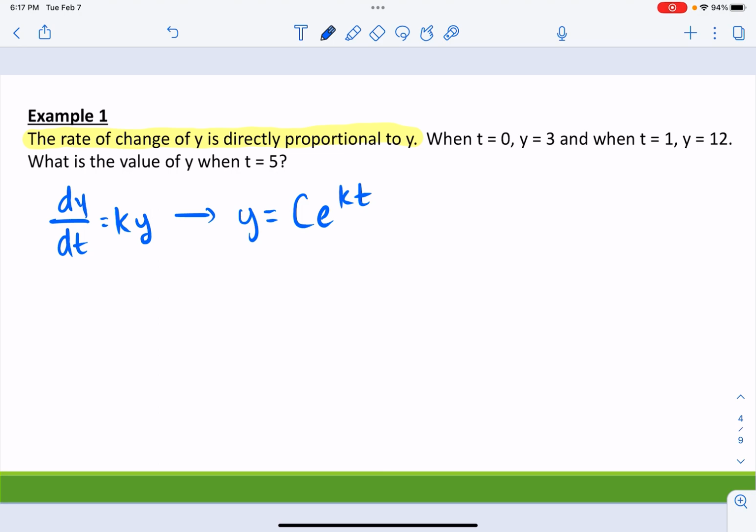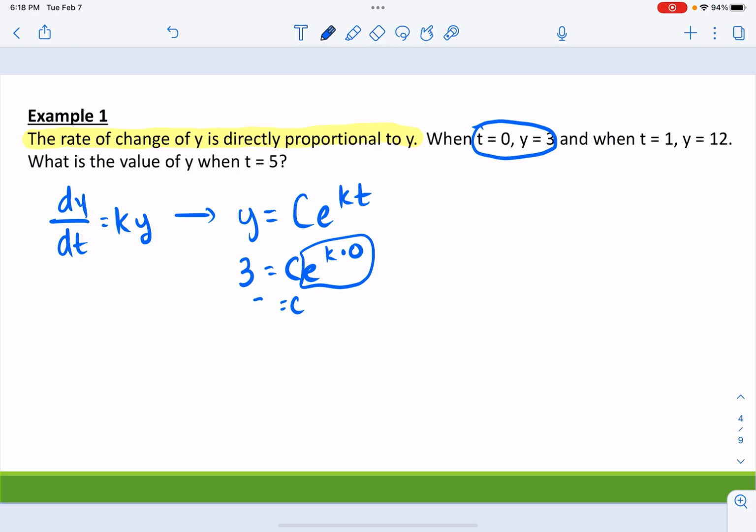Okay, and then when t equals 0, y equals 3. That's your initial value. Let me show you why it's the initial value. This thing goes to 1, so c equals 3. So they give me 3 e to the kt.